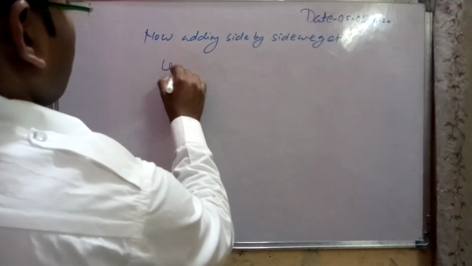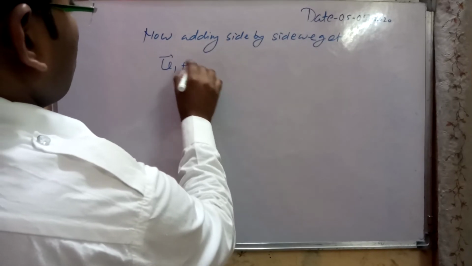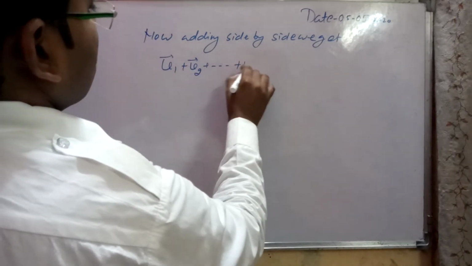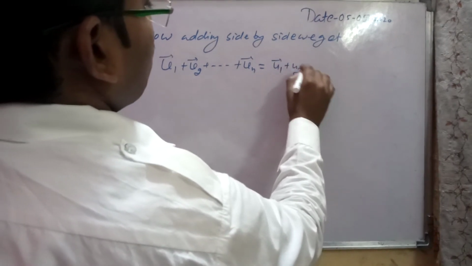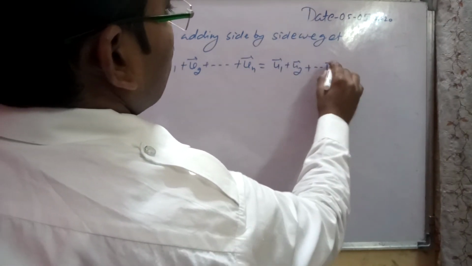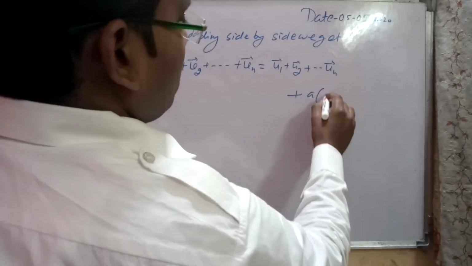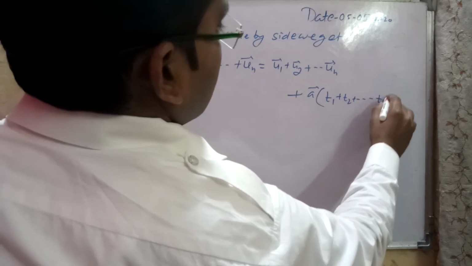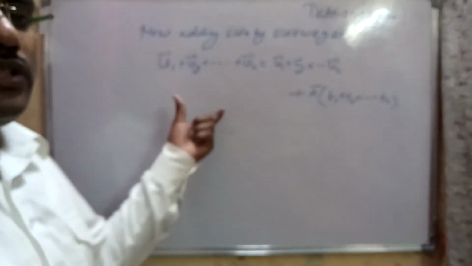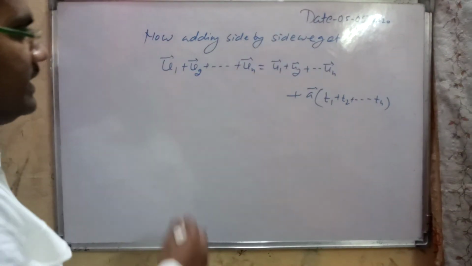We get v1 plus v2 plus vn is equal to u1 plus u2 plus un plus a, which is common, times t1 plus t2 plus tn.